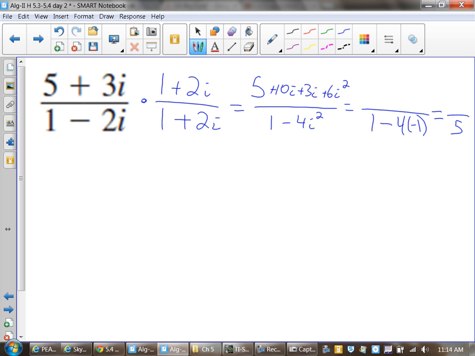So that's the same as saying 5 plus 13i. And what's 6i squared equal to? Negative 6. Good. So my last part before I put it back over 5, what's 5 minus 6? And you're done.